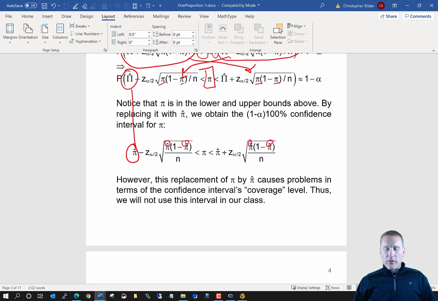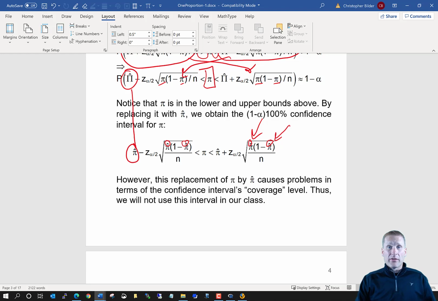Now, there's unfortunately a problem with this interval. By doing this little replacement there of the pi with pi hat, what can happen in many situations is that instead of 950 out of 1,000 intervals containing pi, it could be a lot less, maybe 800.